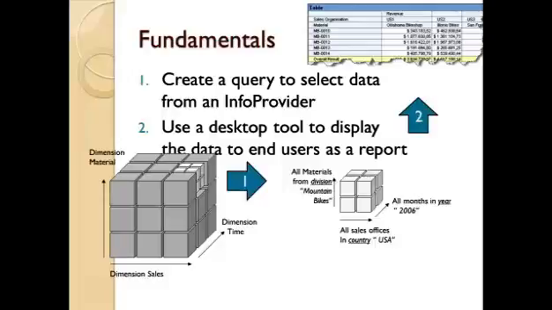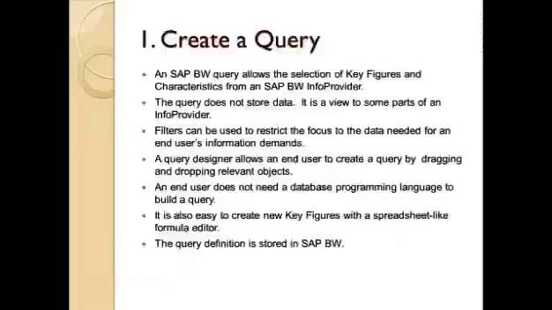But again, in the first step, we create a query so that only selected data are retrieved from the info provider in BW, so that the data is displayed in the second step using a desktop tool to display the data required by end users. We'll take a look at the two steps in more detail on the next two slides.